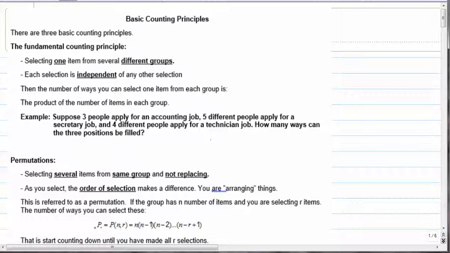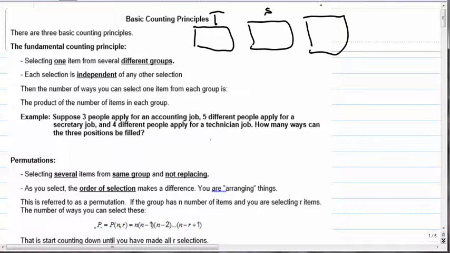But first, I'm going to summarize some of the things you're going to run across in just about any book you may read. The foundation to any counting problem is the fundamental counting principle. Basically what this is saying is that when you choose an item from several different groups, for example, suppose I have a group of teachers, and I have another group of students, and I have a third group maybe of parents.